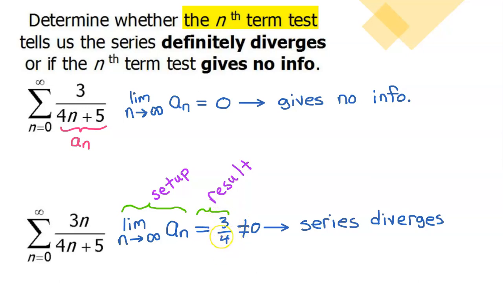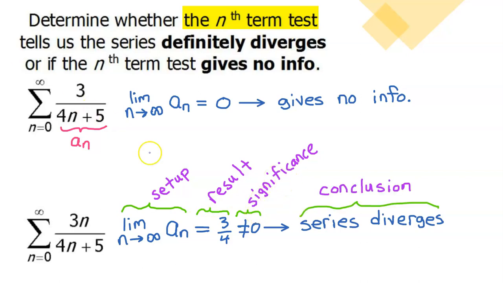Is it the fact that this number is positive? Is that what's important? Is it the fact that this is less than 1? The significance of 3/4 is that it is not equal to 0. That's the aspect of 3/4 that tells us the answer. And that's the third part that must be included. This leads us to the conclusion that the series diverges.